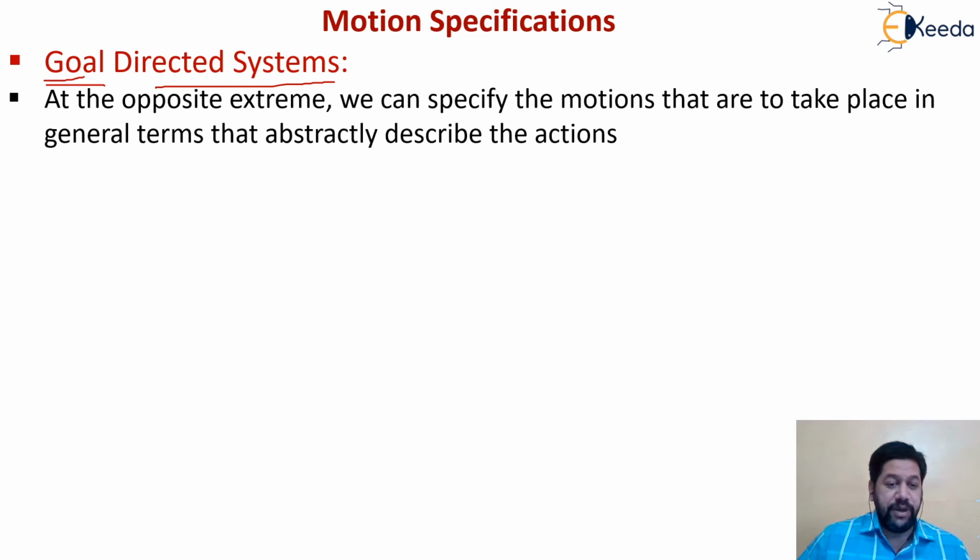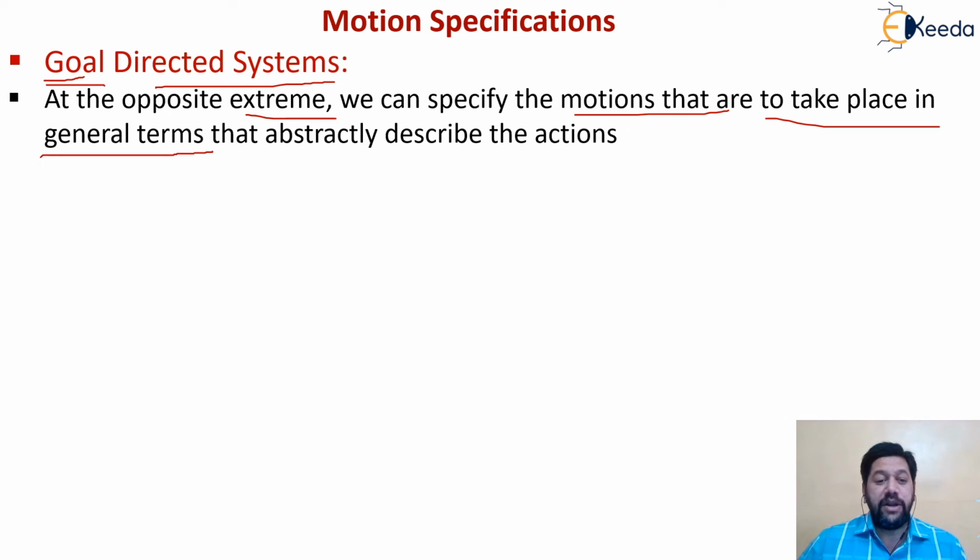the animation. What it does, at the opposite extreme, we can specify the motion that is to take place in general terms, not in kinematic terms. I'm not giving the amplitude, the frequency, the angle. I'm just making it a general term that abstractly describes the action.